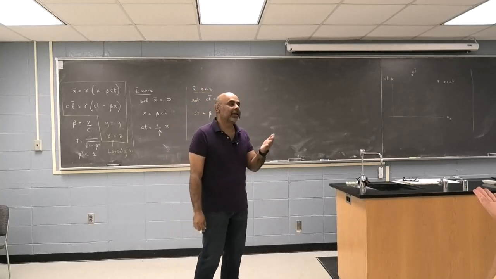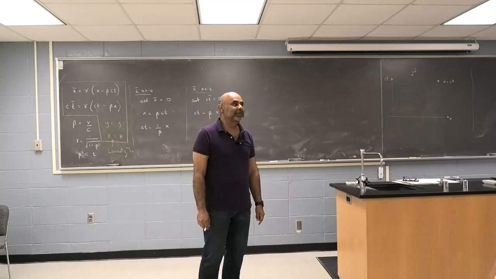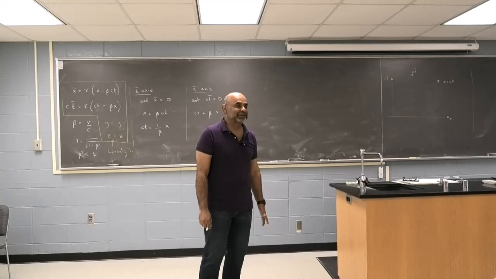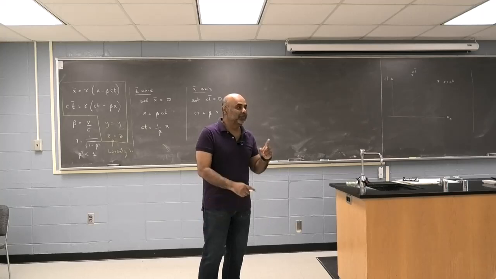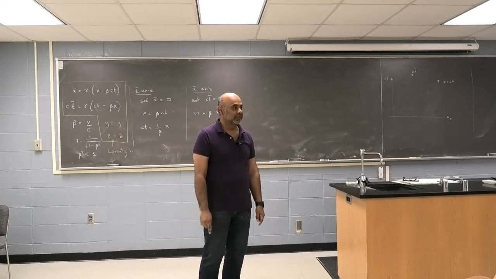If you have two lines that are orthogonal, what is the product of their slope? All right, you people of relativity, let's go back to high school algebra. Negative 1. Because it has to be the negative inverse.